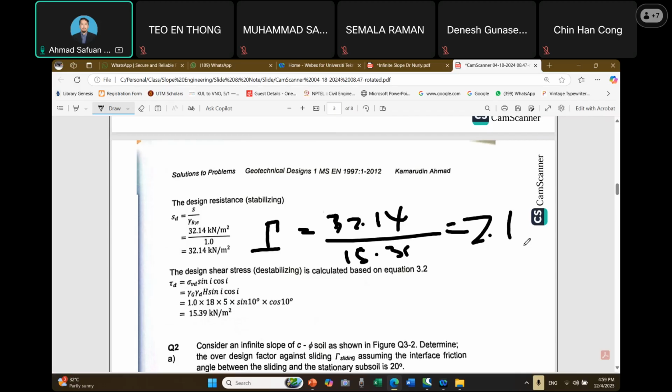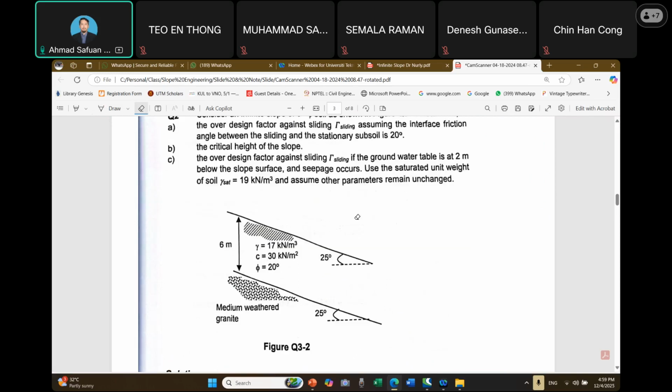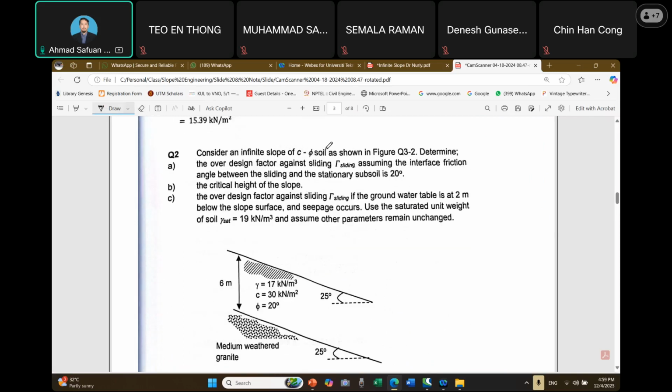We need to make some adjustments, either on the geotechnical structure or on the loads that apply on the foundations or on the geotechnical structure. So that is for the first example. Now we go for the second example. Perhaps this will be the last example for today.